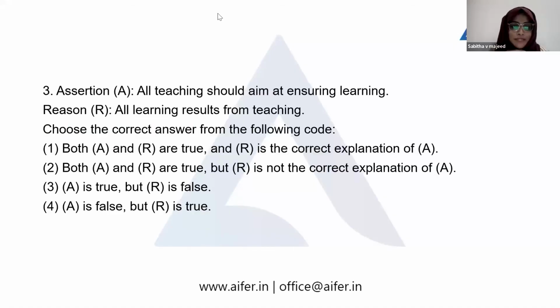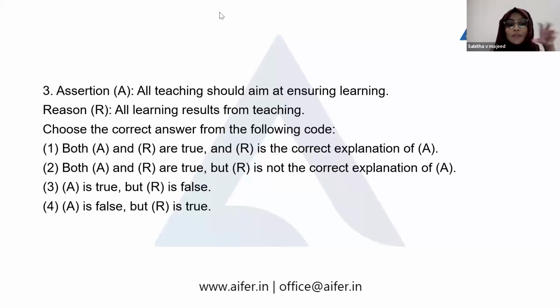So let's move to the third question, which is an assertion reason question. Let me explain what an assertion reason question is. There must be two statements. One statement is the assertion and the other statement is the reason.